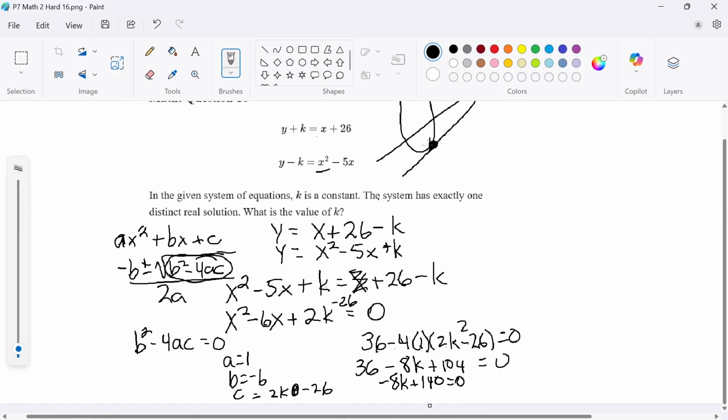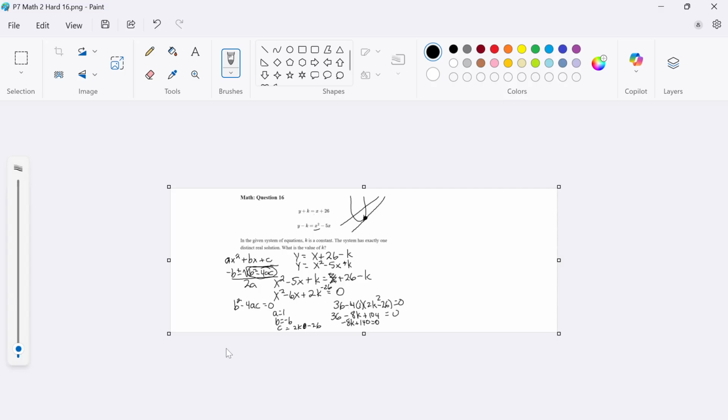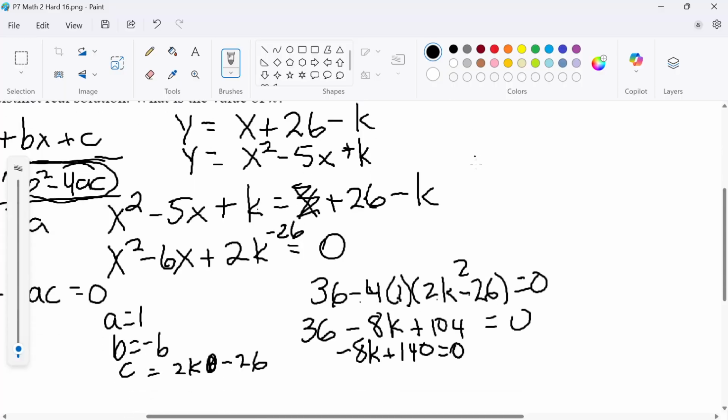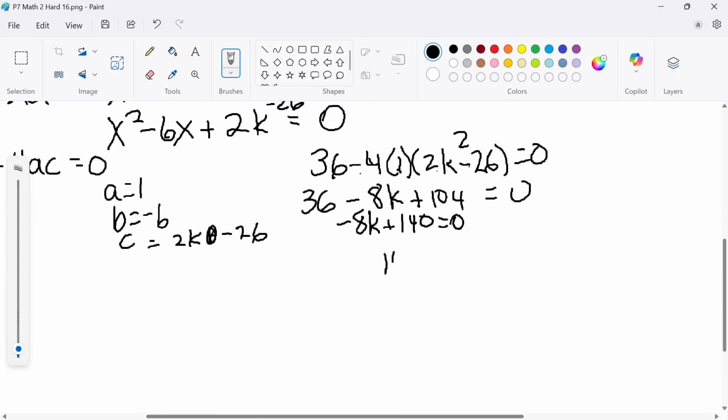I will add 8k to both sides, but first I will give myself a little bit more room. I'm adding 8k to both sides. 140 equals 8k. Divide both sides by 8. And let's see, 8 times 1 is 8, and 6 is 14.